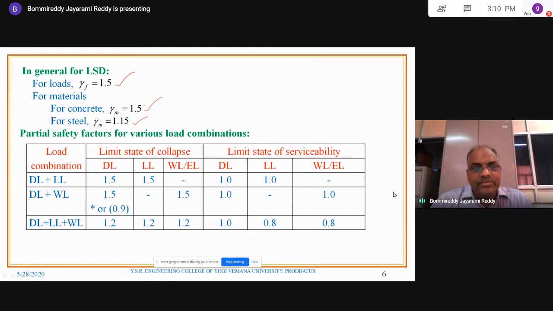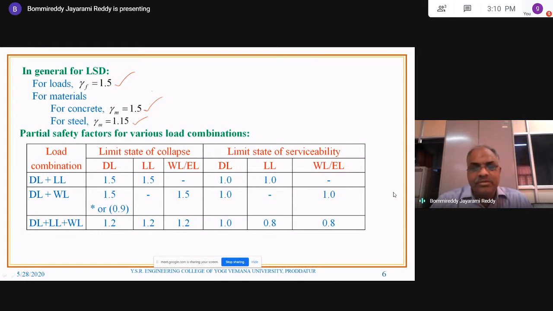Whereas concrete has a high degree of variability, and more variations are possible, and deviation of the strength depends on several factors right from materials, manufacturing, transportation, placing, compaction, curing, etc. All the factors are there. So that's why gamma m is a higher value, 1.5.